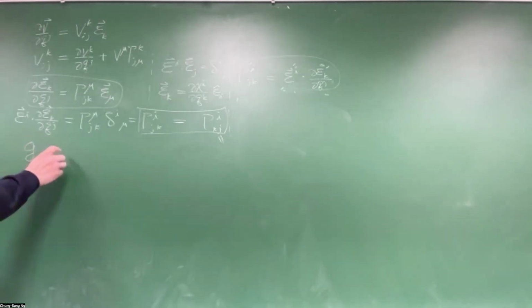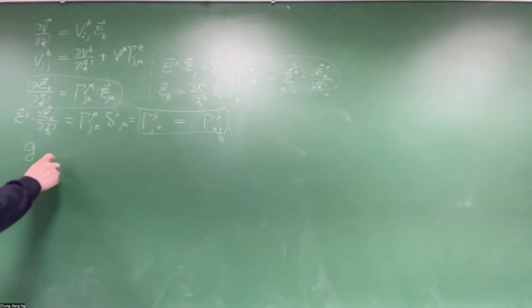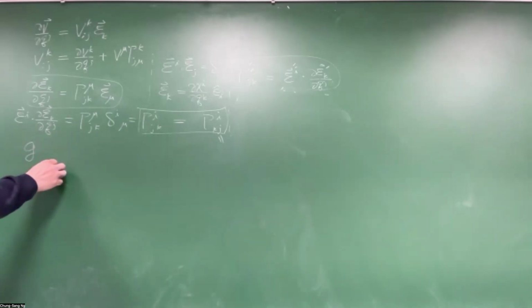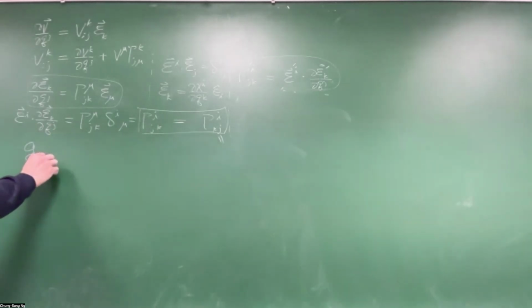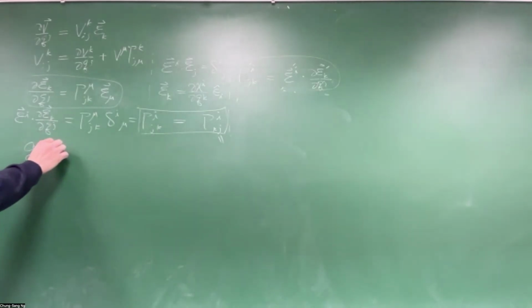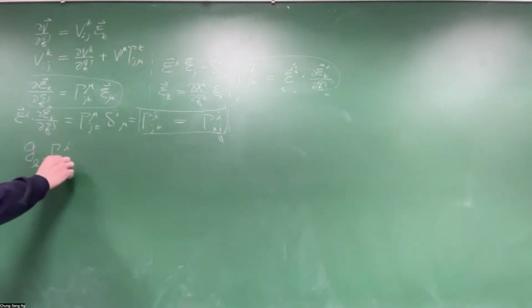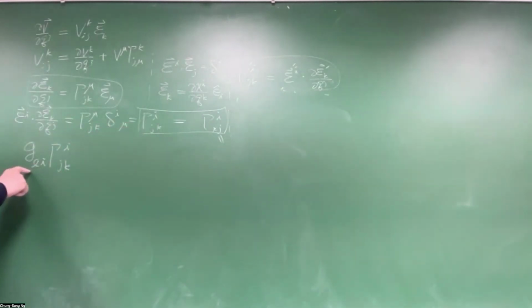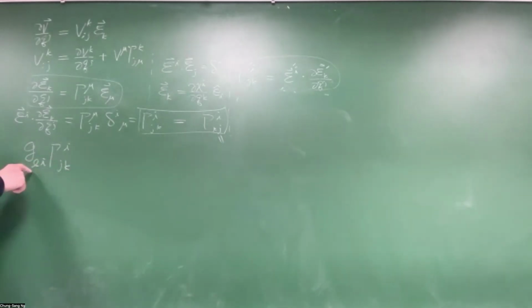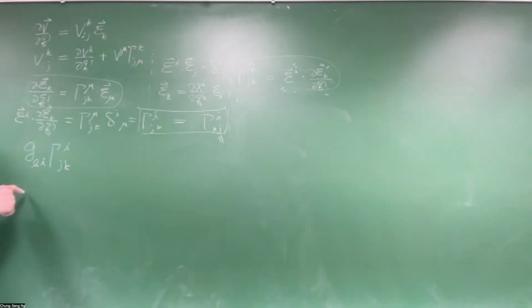Like G, we already used IJK, so let's use L: G_L I, and contract with I. Although this is not a tensor, we can still do this operation. This is just a matrix multiplication to contract a subscript with a superscript this way.